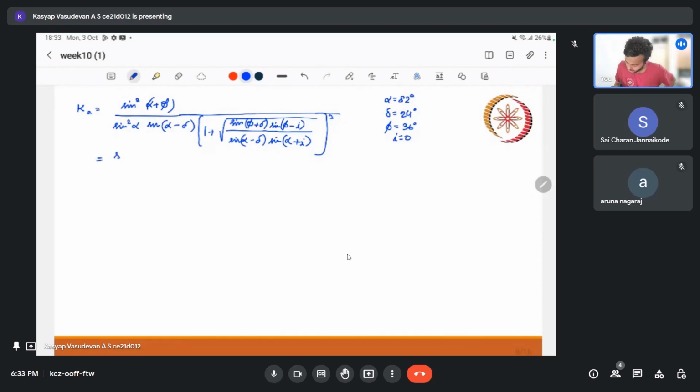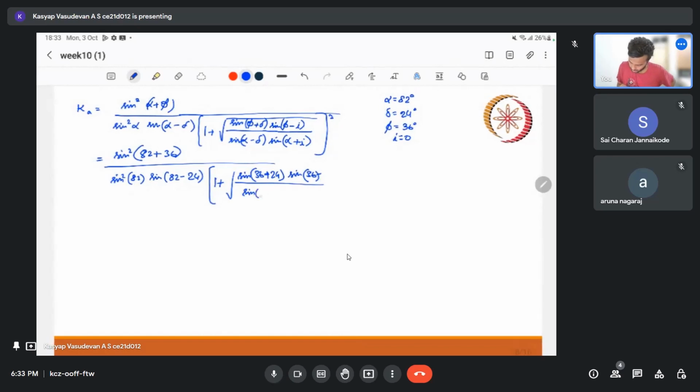Sine square of 82 plus 36, divided by sine square 82, sine of 82 minus 24, into 1 plus root of sine of 36 plus 24, sine of 36, divided by sine of 82 minus 24 and sine of 82.